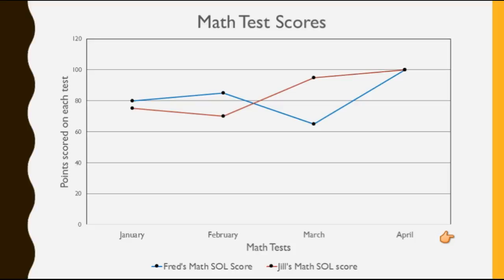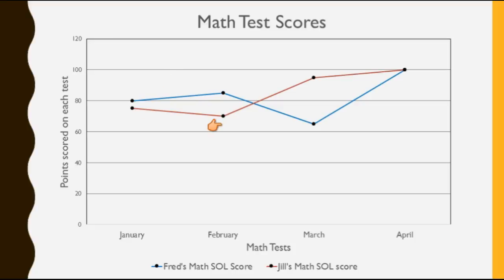So since we're comparing two different people, we're going to use two different colors. This is a good thing to note because when you're making graphs, you can use color to your advantage, because the whole point of making graphs is to make your data very obvious just by looking.